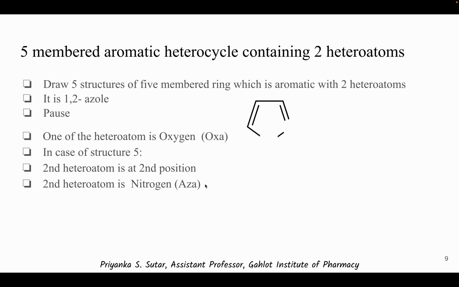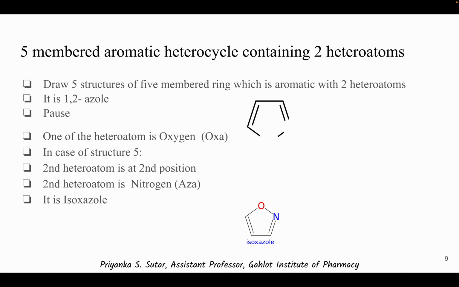Now if you have seen all the previous structures, they have nitrogen at the first position, whereas in this new structure nitrogen is at the second position and oxygen is at the first position. Okay, so this structure is called an isoxazole, where nitrogen is not at the first position, it is at the second position.